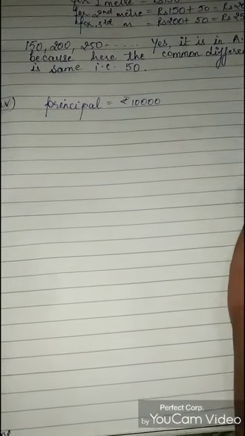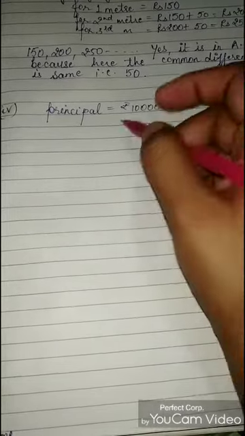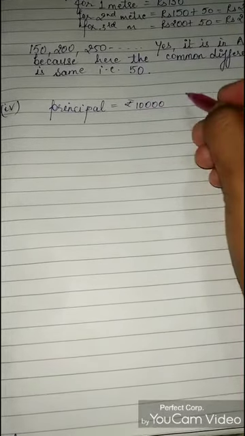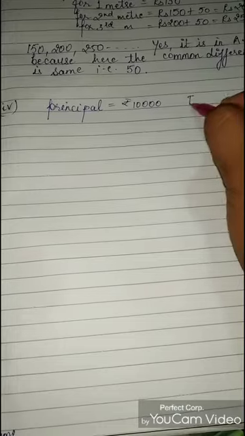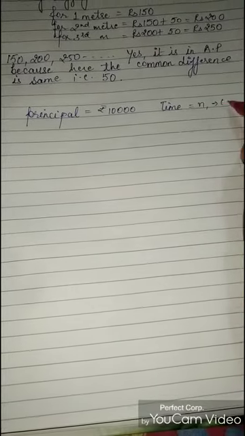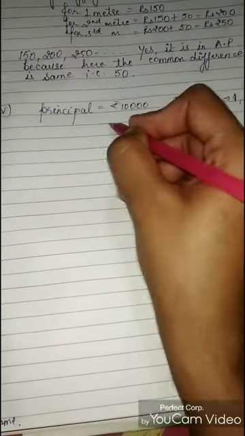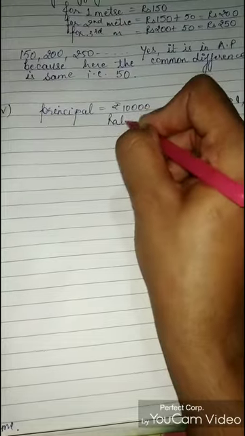Okay, in the first year he will be having rupees, we will find it. Now what is the time given to us? We will take time n, which will be 1, 2, 3 and so on. Time is this, and the rate is given to us that it is 8%.